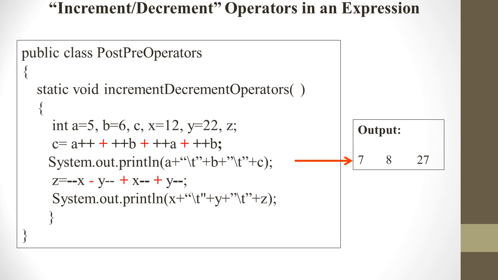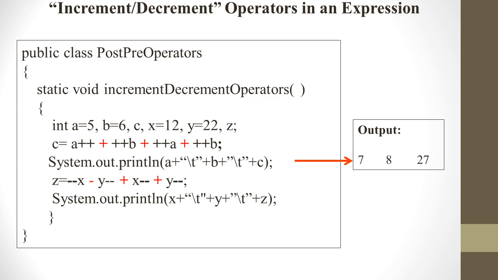Thus --x will make x 11 first, and then take part in the evaluation. y-- will make 22 take part in the evaluation, and then decrement it to 21, and x-- will make 11 take part in the evaluation, and then decrement it to 10. Lastly, y-- will make 21 take part in the evaluation, the last value of y being 21, and then decrement itself to 20.